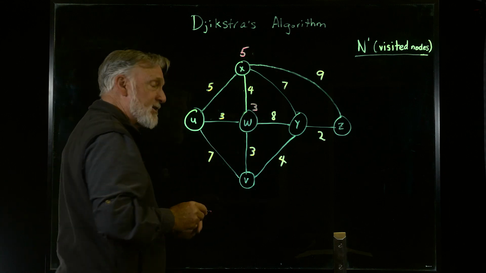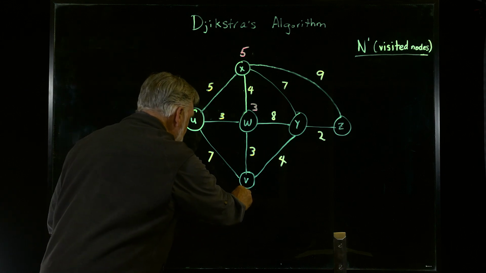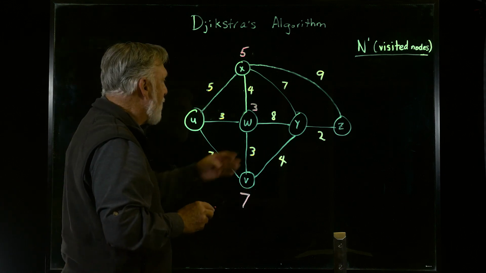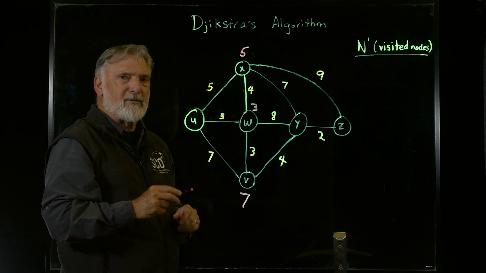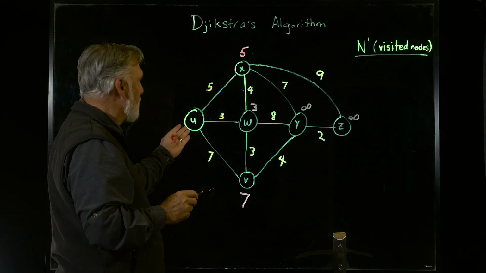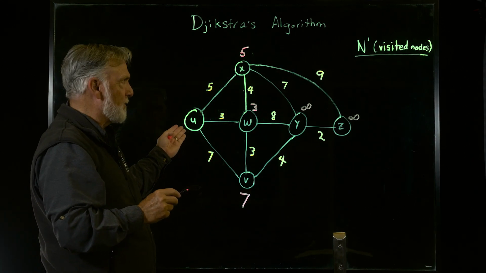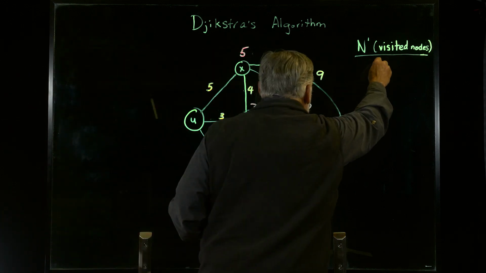And the tentative distance to V is 7. But we don't know anything about Y and Z yet. So we're going to put down the tentative distance of infinity for these. We're starting from node U, the source node. And we're going to put down that we already have visited that node.